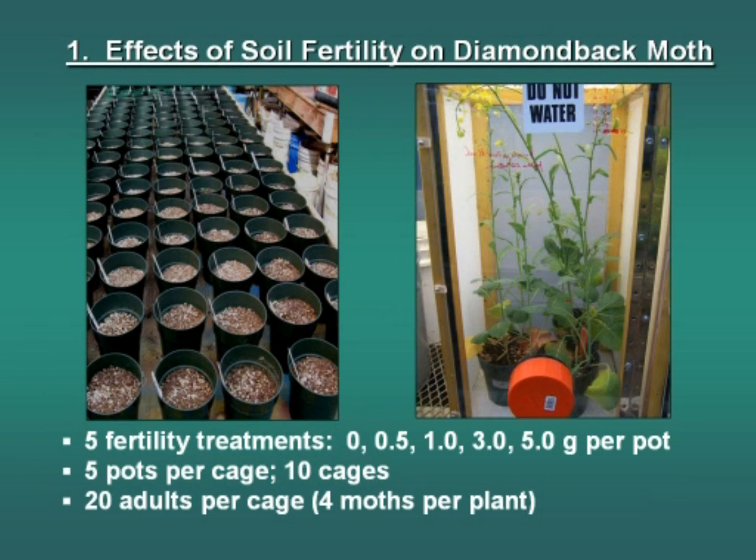He had a number of treatment regimes where he had no extra fertility to as much as 5 grams of fertilizer per pot. And we calibrated this so the 1x rate was the recommended rate for application to soil for growing canola, and we went at half the recommended rate, 3 times, and 5 times the recommended rate.